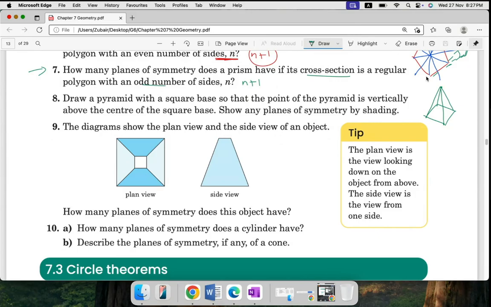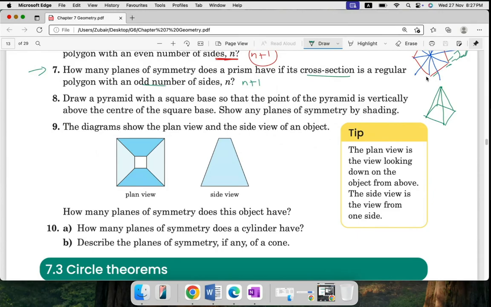So it's a pyramid. One, two. So this will have one, two, two.